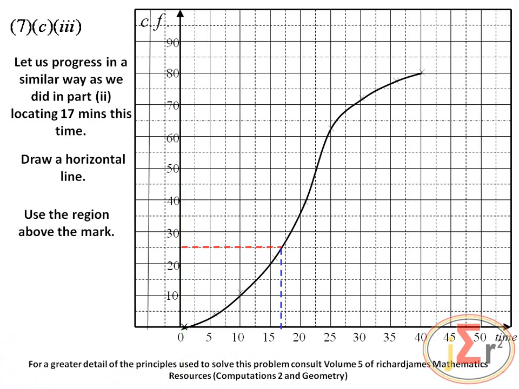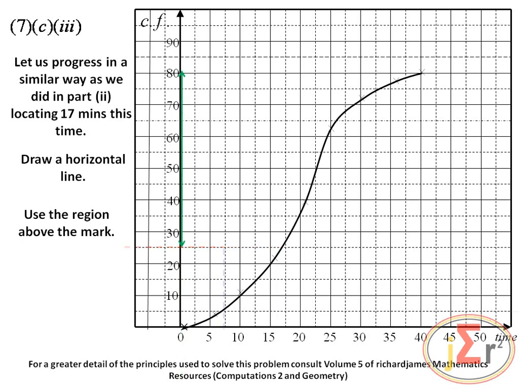We are at 25, and we still need to be reminded that it is not 25 that we need. We need those who waited for more than 17 minutes. So more than will be the upper region.